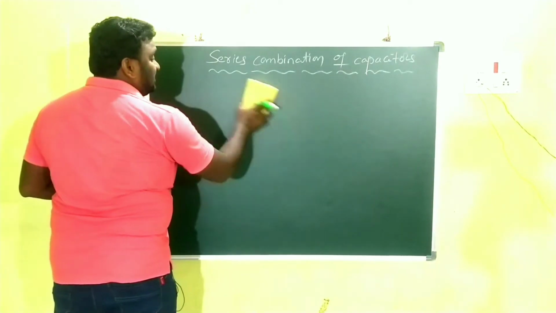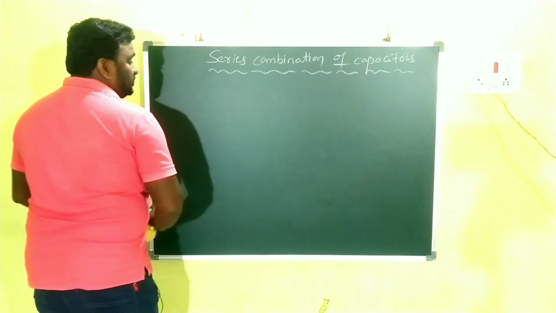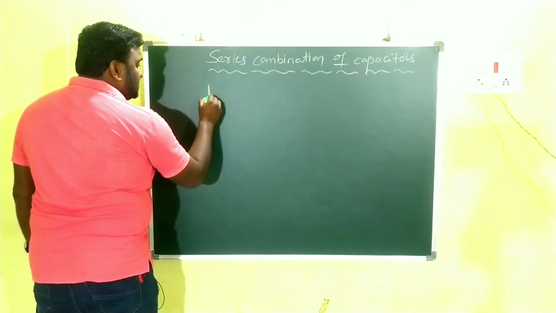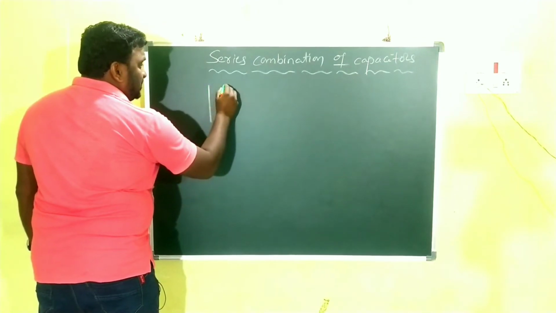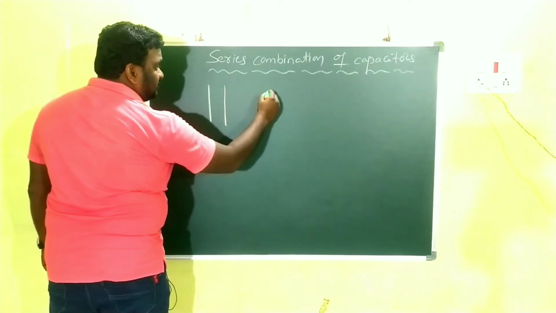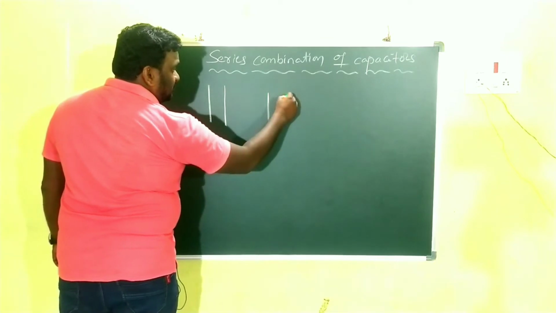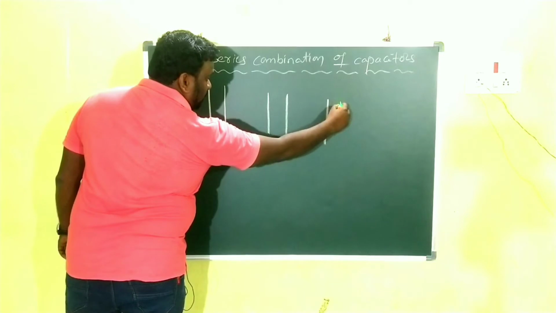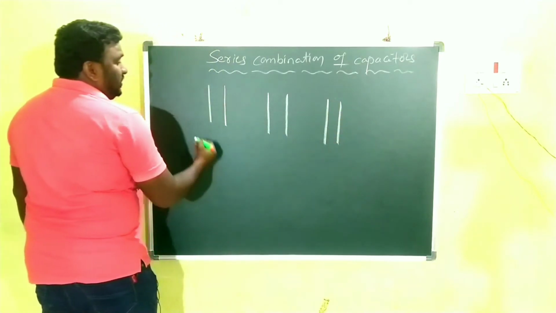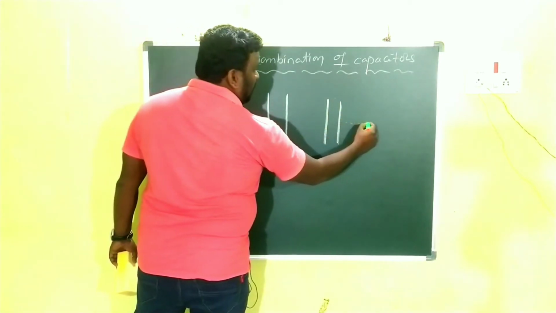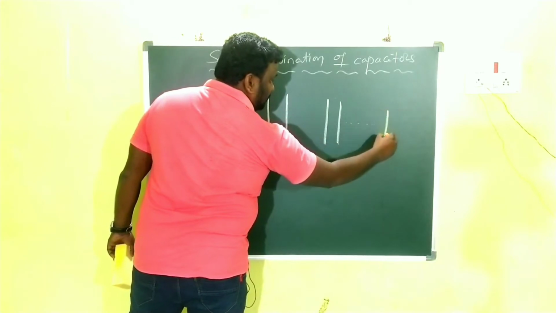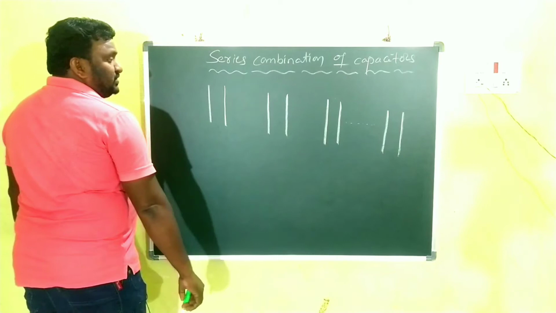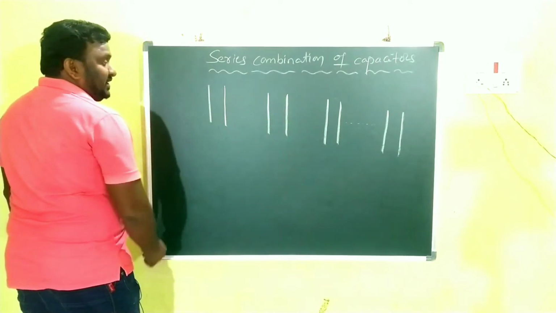How can we say that the combination is a series combination? For that, we have n number of capacitors. First they should be arranged in series like this. Watch carefully, children. Here we have taken 1, 2, 3 and so on. So we have taken n number of capacitors.